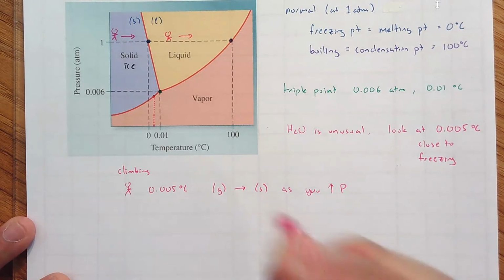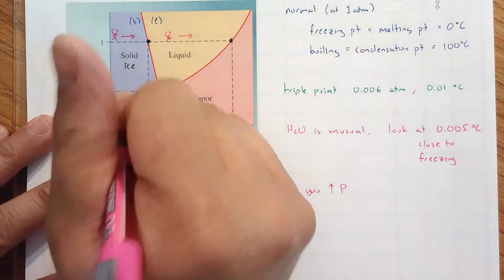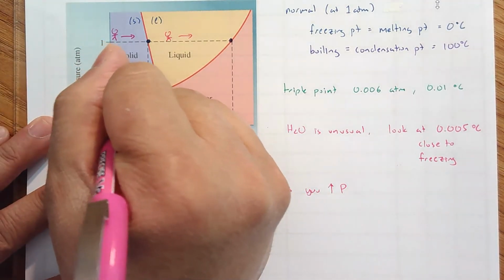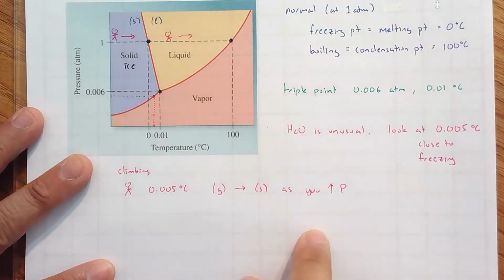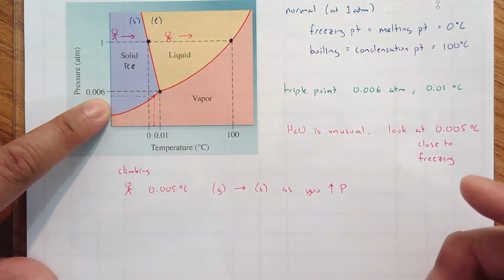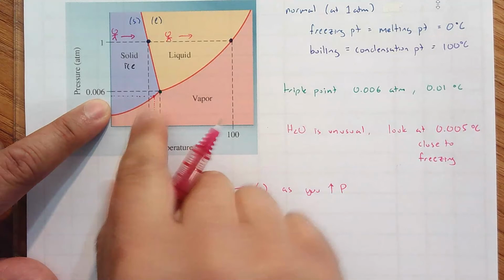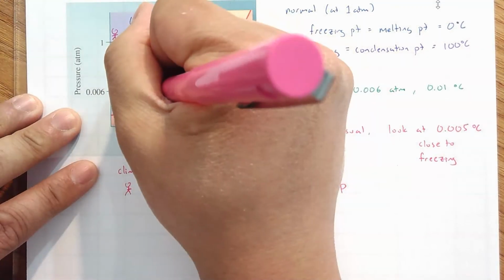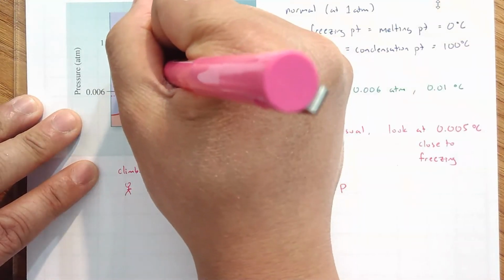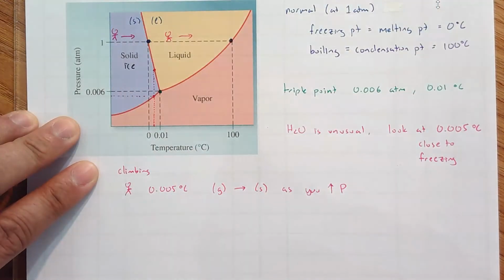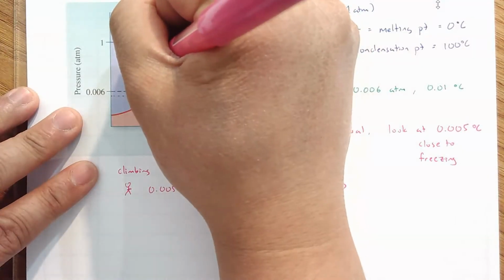But look what happens if you keep walking higher. We should give a pressure here, but I'm not going to write it down. We could read it off the graph where we hit the boundary line. If we keep walking, we're in the solid realm, and then all of a sudden, at some pressure, we become liquefied.